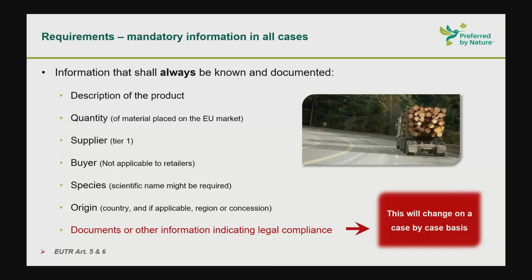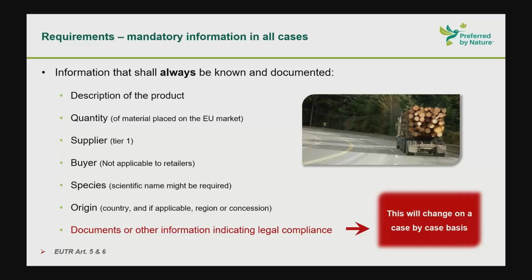So let's start with the information that should always be known and documented when you're an operator. So that's quite a big list, but let's look at the first four elements: description of the product, quantity of the product that you are buying and placing on the EU market, the identification of your direct supplier, so the tier 1 in the supply chain, and the identification of the buyers, unless you're selling to end customers.